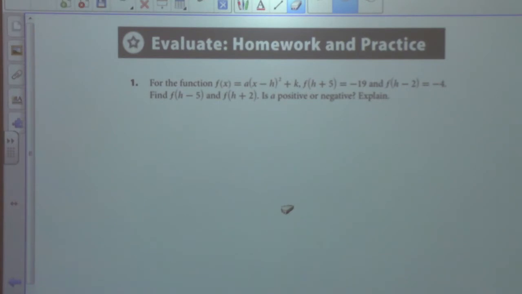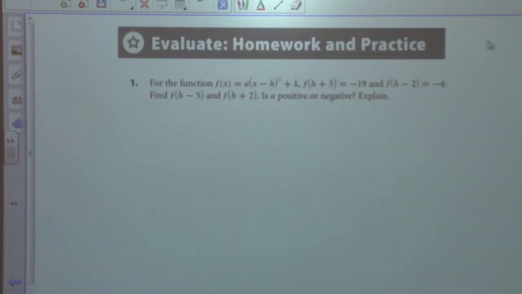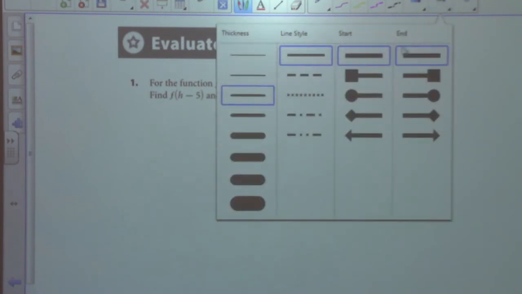Okay, what do you think about this one? Is the F the same as the A?